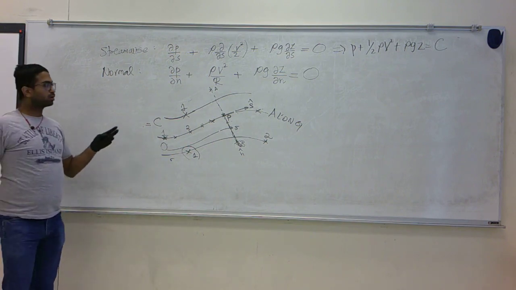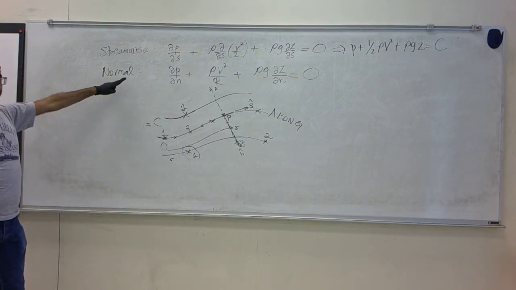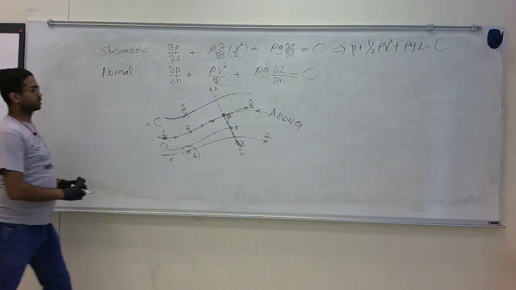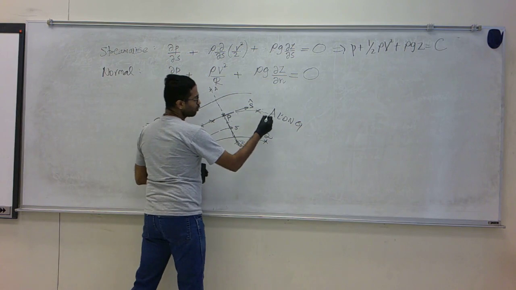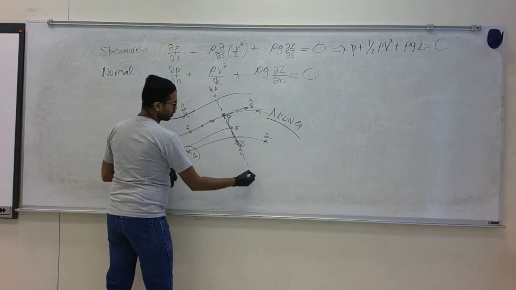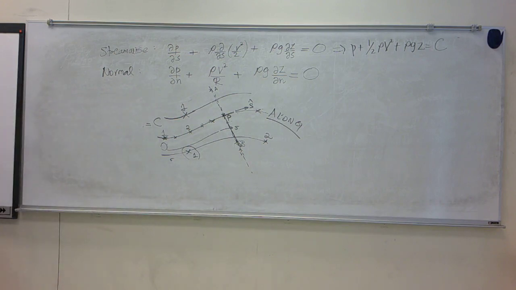We want to talk about how to integrate this force balance in its differential form along the normal direction. That is, when we talked about streamwise, we talked about along the streamline. Now we want to talk about perpendicular to the streamline, along the normal.